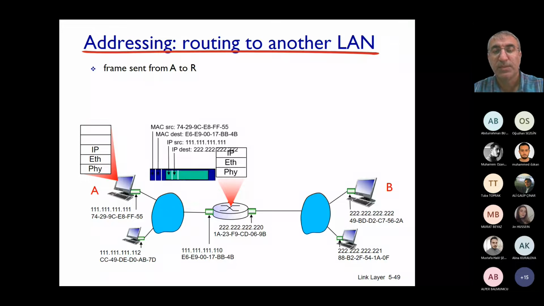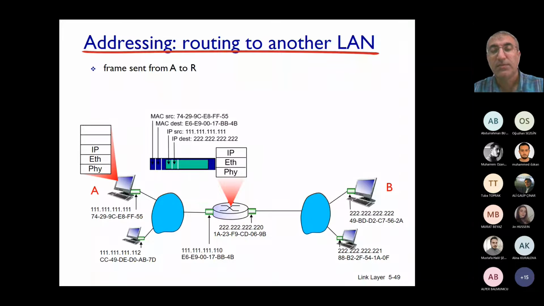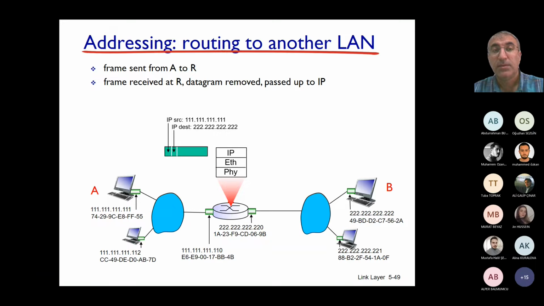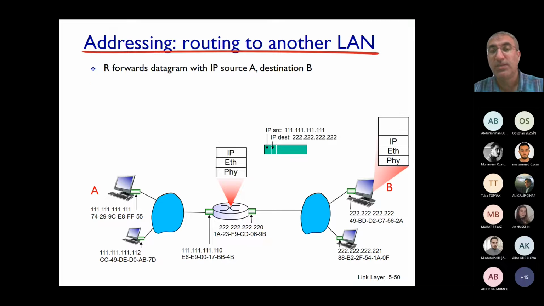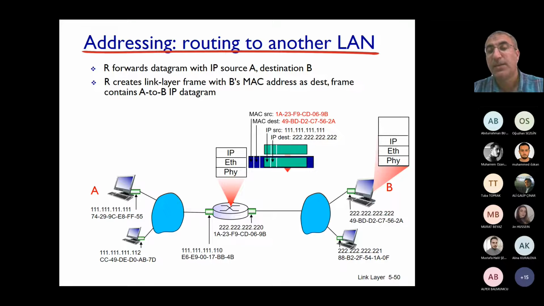We transmit it, and the router receives this frame, extracts the header, removes the datagram, and passes it to the IP layer. Then it changes the MAC addresses. We are still keeping the source and destination IP addresses the same. We pass it to the link layer, where we change the MAC source and MAC destination.